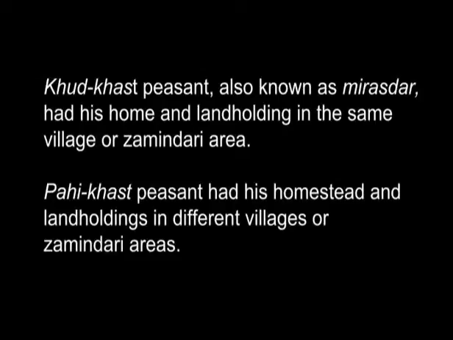This was the difference. And it has been pointed out by various scholars that towards the end of the Mughal period, there was a tendency on the part of some zamindars, revenue grantees, or mirasi peasants to convert their right of occupancy to their holdings into an ownership right. And that is more or less clear.